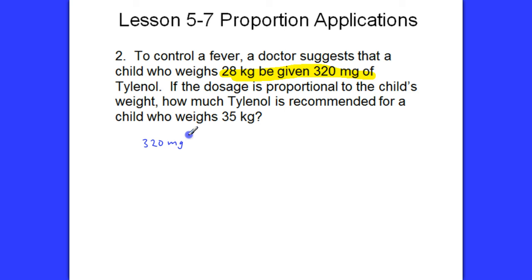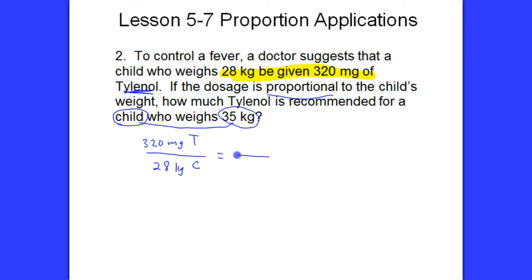And you know what? I'm going to put a capital T here, so I know that's the Tylenol. Okay, that's the medicine, over 28 kilograms. Okay, that's the child. And that's supposed to be equal to, now let's read this. The dosage is proportional to the child's weight. How much Tylenol is recommended if the child weighs 35?